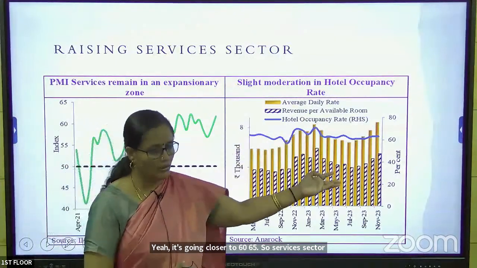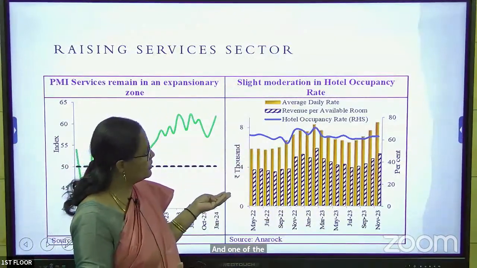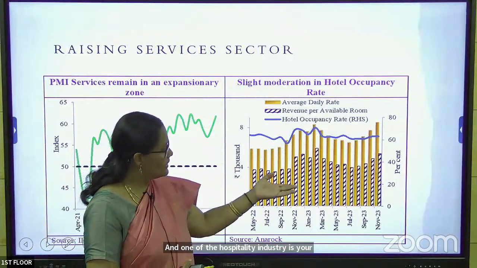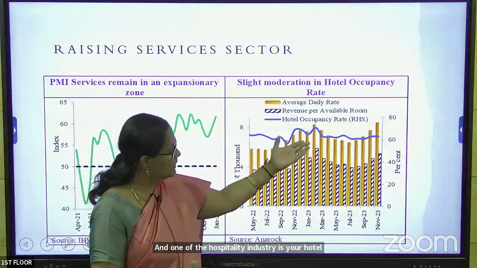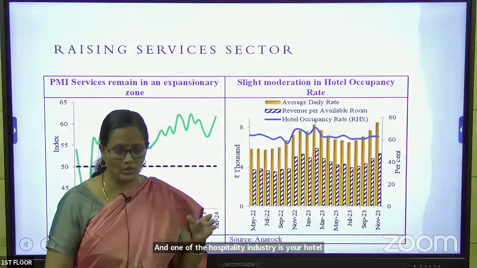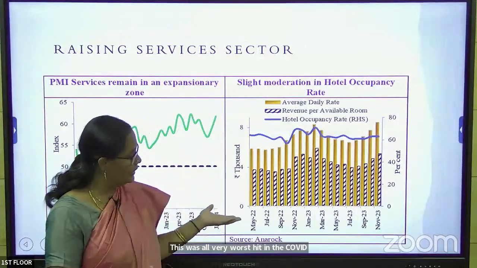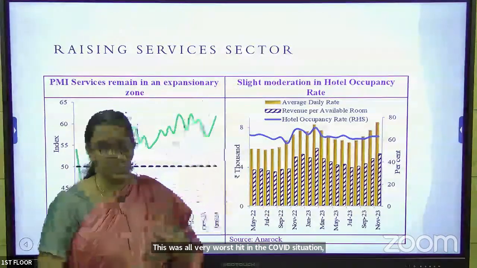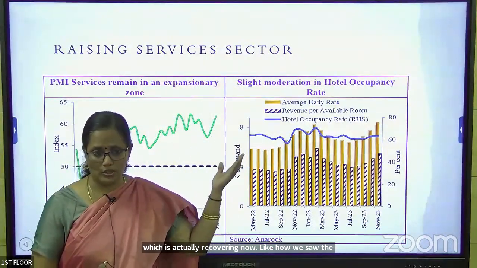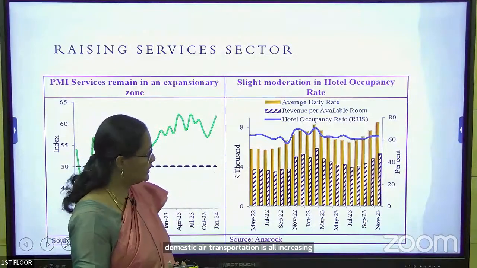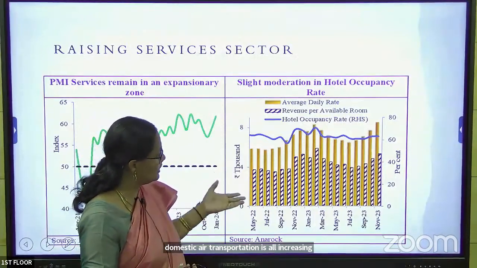And one of the hospitality industries is your hotel industry, where you can see that the hotel occupancy rate is becoming better. This was very badly hit in the COVID situation, and it is recovering now. Like how we saw domestic air transportation increasing, we are seeing this for the service industry.